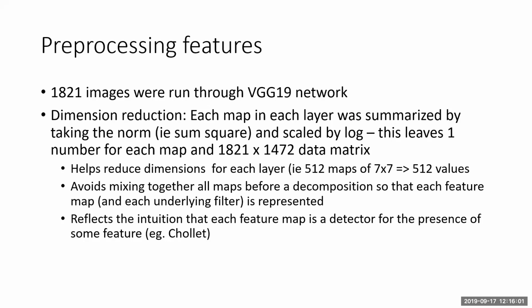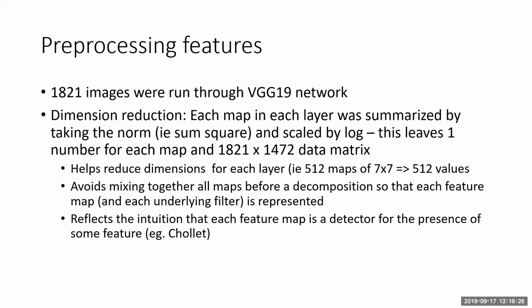That's because of some intuitions, which some people talk about when they talk about deep learning, that each feature map is somehow detecting the presence of something in the image. Presumably, a good convolution network will have feature maps that are somewhat independent or uncorrelated.